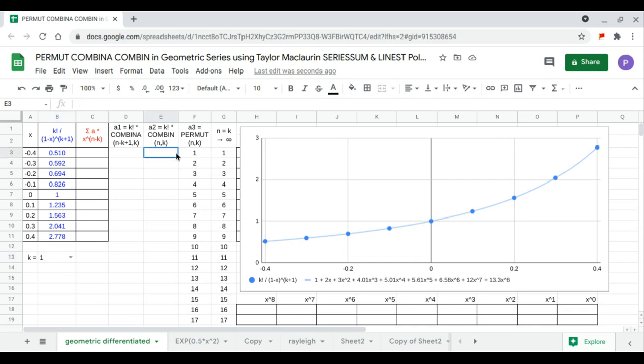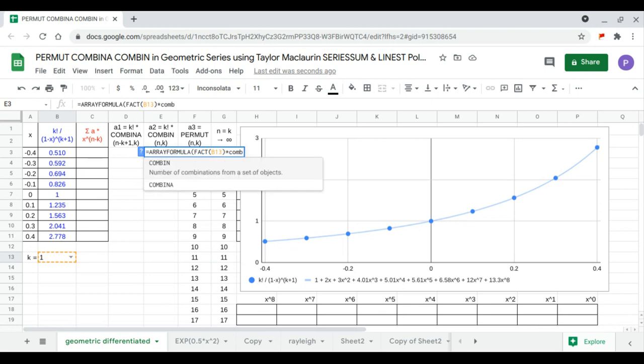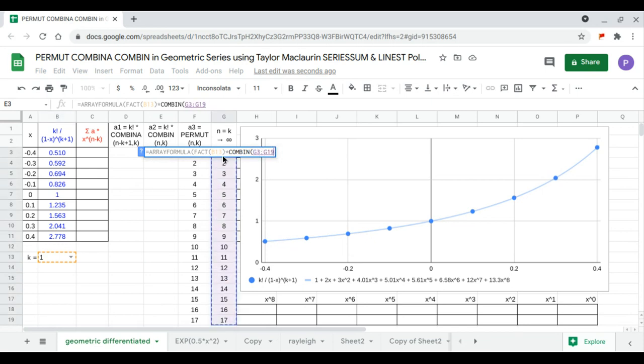Next, we continue with the combine, the equivalent. So this is equal to our formula, factorial k times combine of n comma k.